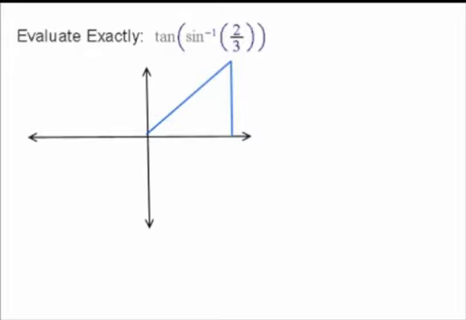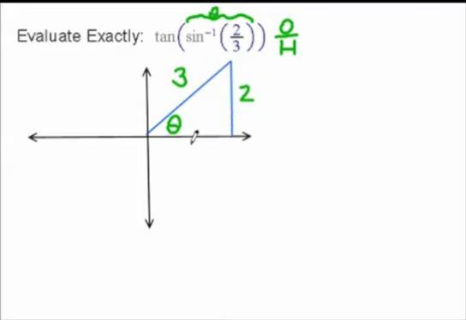Since the ratio is 2 over 3, and sine is opposite over hypotenuse, the 2 is going to go here, the 3 is going to go there. We need to find this third side because tangent is going to require it. This is our angle theta, the sine inverse of 2/3.